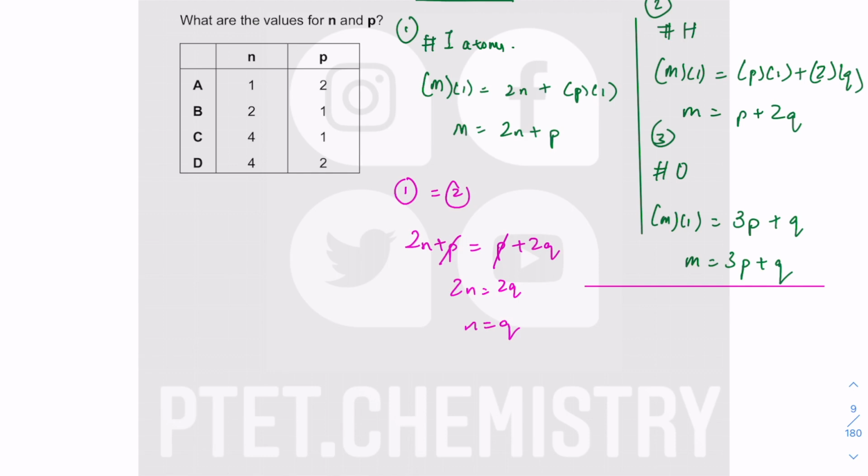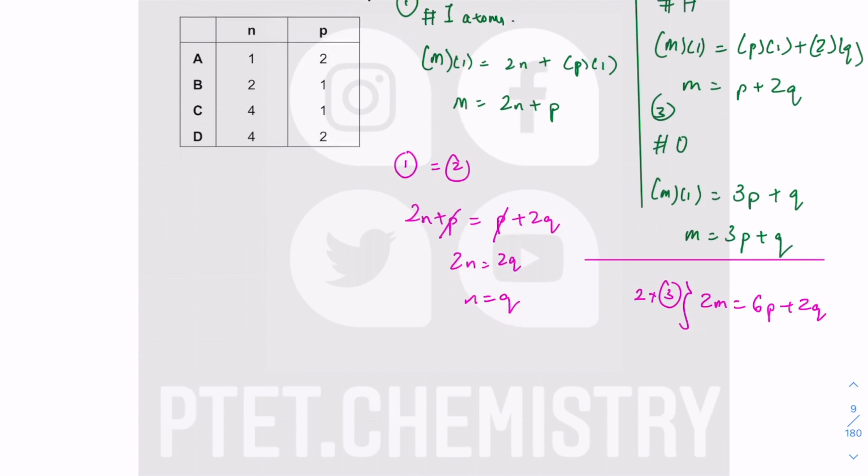If I double, 2 times 3 gives me 2M equal to 6P plus 2Q. Then sub in equation 2, which is M equal to P plus 2Q.